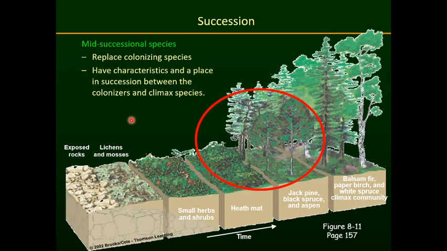All right. Let's move on to the next phase. This is a mid-successional phase, and we're now focusing on mid-successional species here in this heath mat phase of the succession and the jack pine phase of the succession, okay? What has essentially happened is that over the span of many decades of growth of lichen and then small herbs and shrubs, these colonizing species have turned what was before just a rocky environment into an environment where it's easier for larger plants to grow.